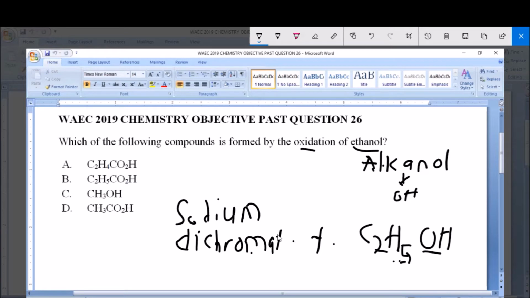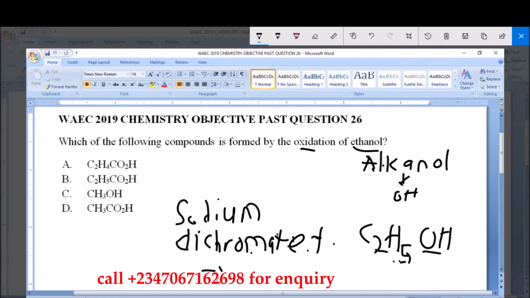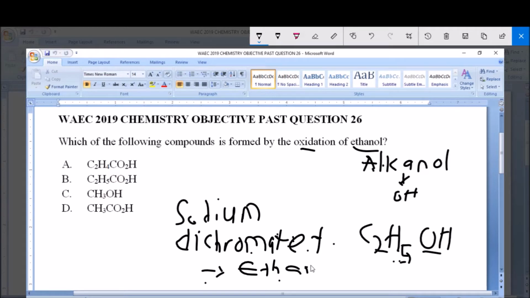So sodium dichromate reacting with ethanol to produce ethanal represents the first stage in the oxidation of ethanol. And ethanal undergoes further oxidation to give the product of the reaction, which is acetic acid.